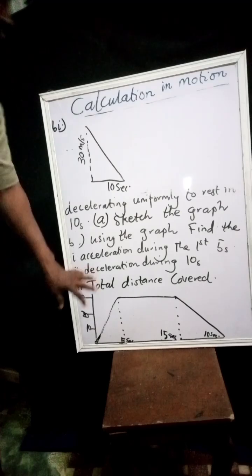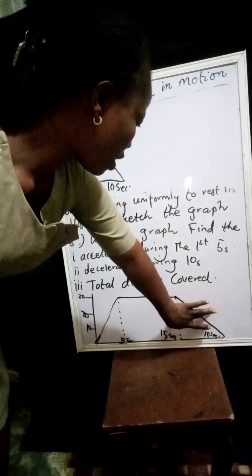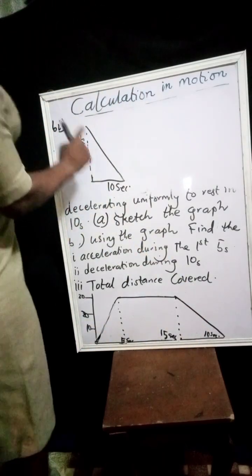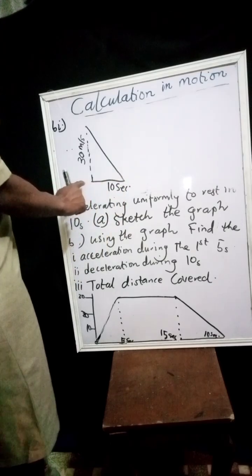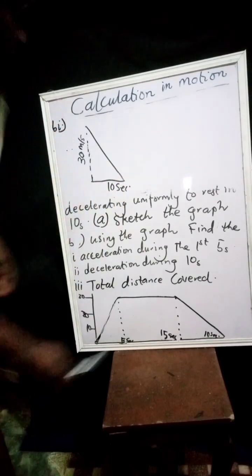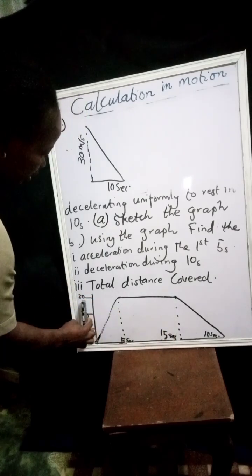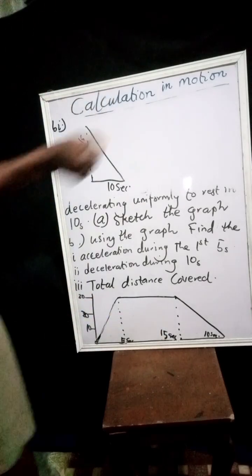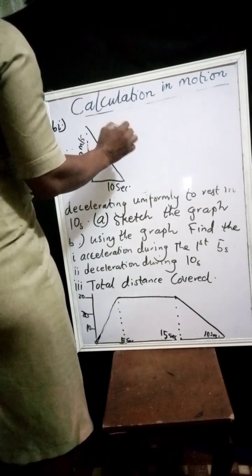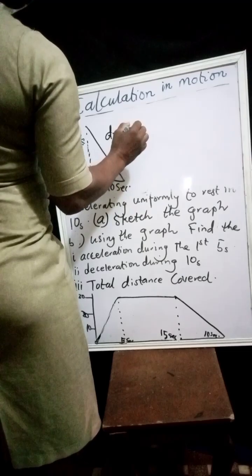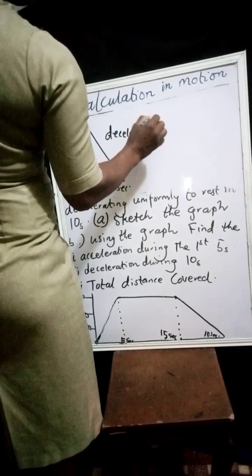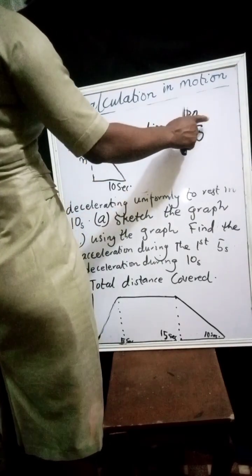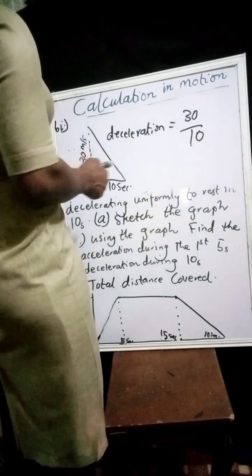Let's extract this part of the graph, the dotted line, the decelerating position, and the 10 seconds. Here is 30 because it's still at the same level of the 30 meters per second velocity. So the deceleration is equal to here divided by here, 30 meters per second over 10 seconds.